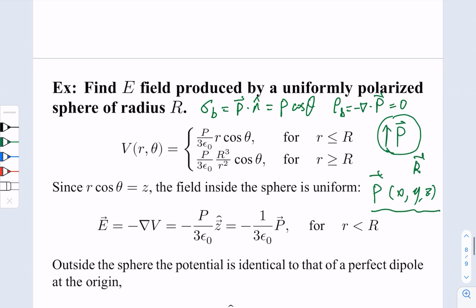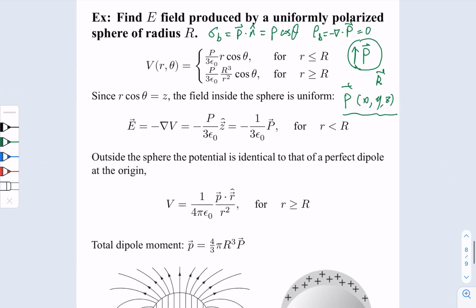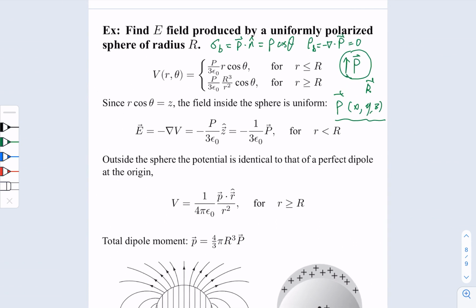So this means that within this sphere, the E field is actually a constant. Now we can also take a look at the potential outside of this sphere, and this potential is the same as the perfect dipole potential.